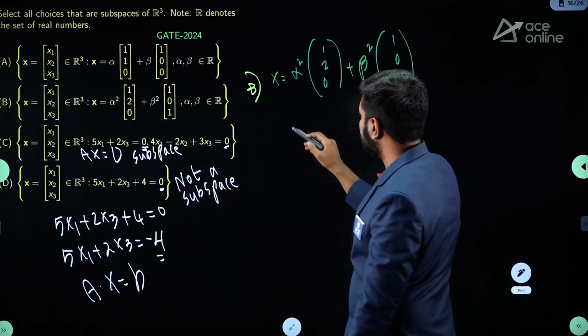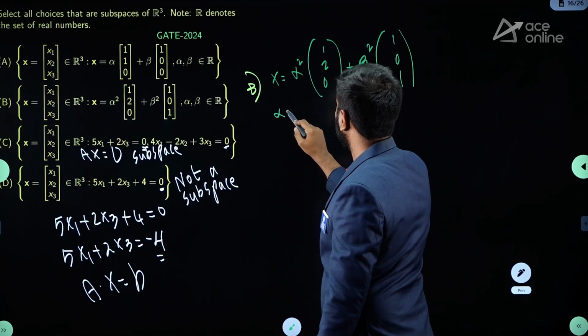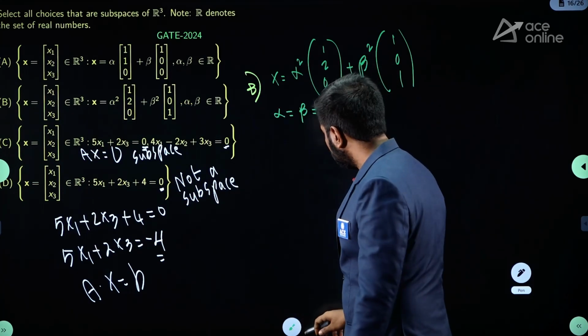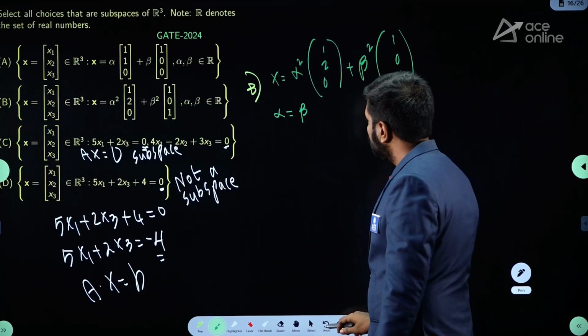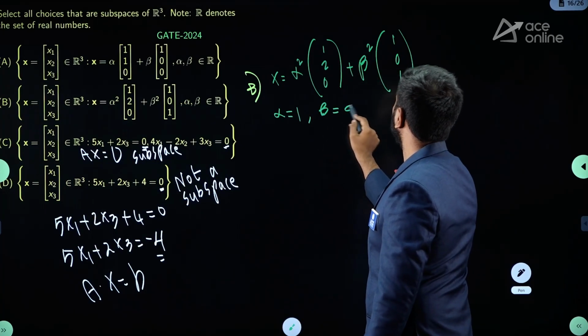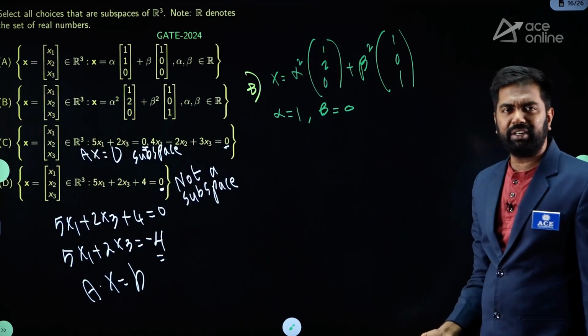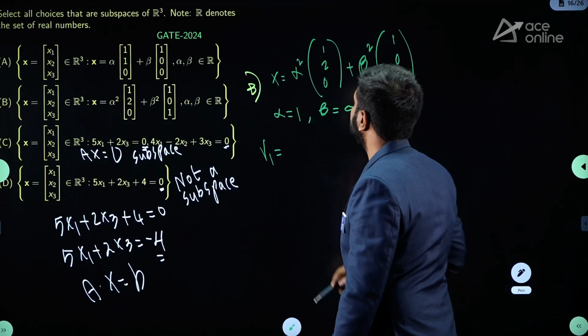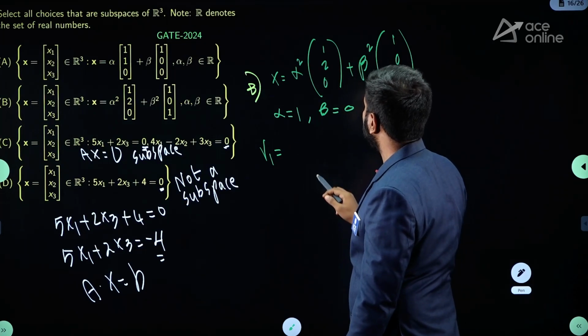For example, let me create a vector by taking alpha equal to 1 and beta equal to 0. It is up to you, create some simple vectors. Now let's call that vector v1. So what is v1, students?